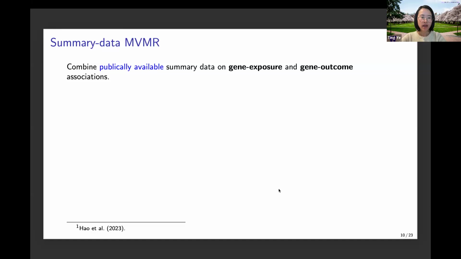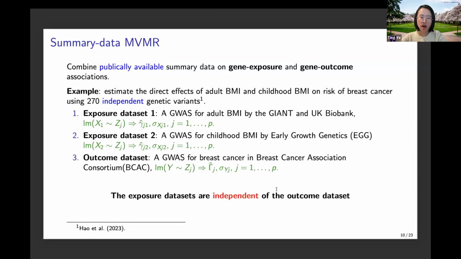etc. And to give an example of how the data look like, here is a very nice application of studying the direct effect of adult BMI and childhood BMI on risk of breast cancer using 270 independent genetic variants. And there are 3 data sets involved.